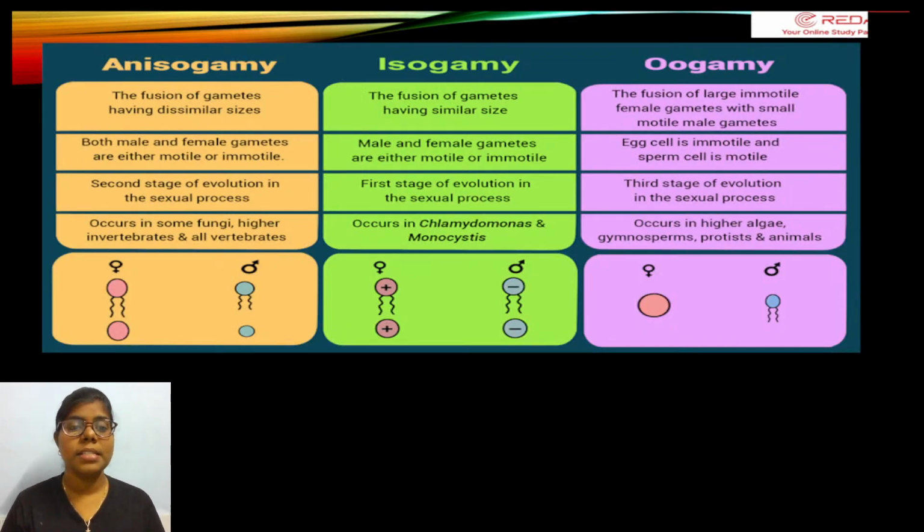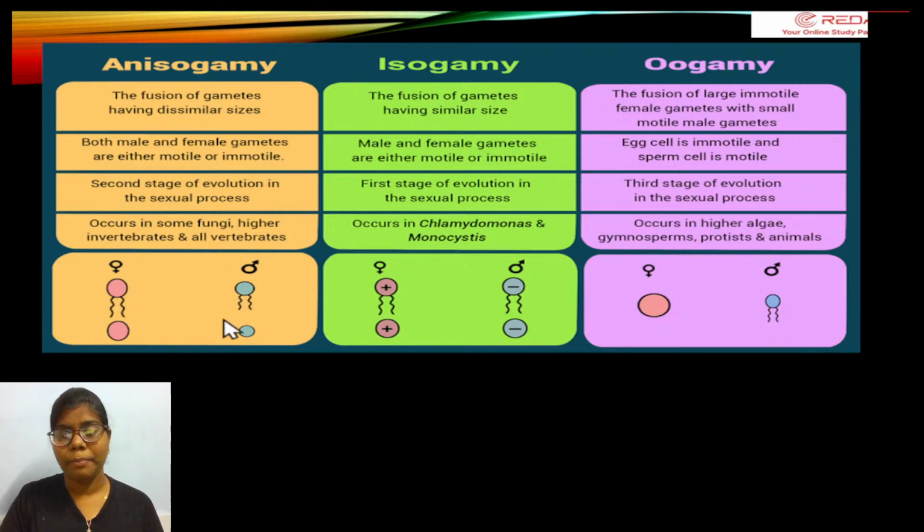I have given a simple comparison between anisogamy, isogamy and oogamy. Oogamy is nothing but an egg cell, here the egg cell with the sperm cell is fusing together. You can see the difference here. The fusion of gametes having dissimilar size. You can see the difference. Here it is very much bulged. Here it is very small and a little bit circular.